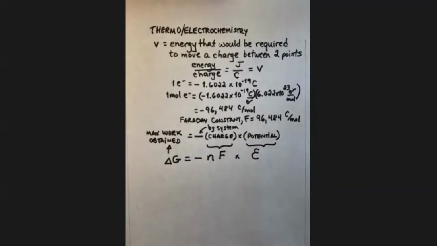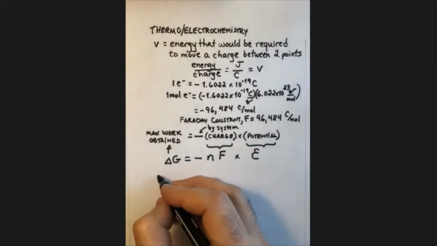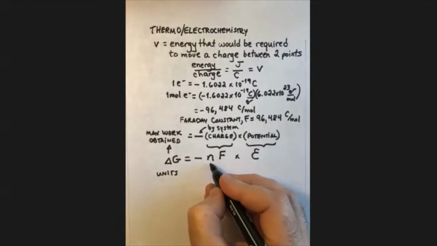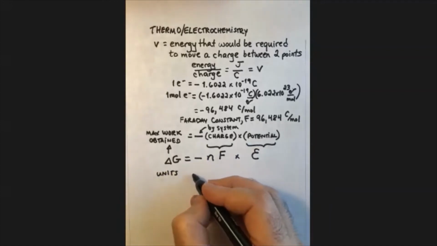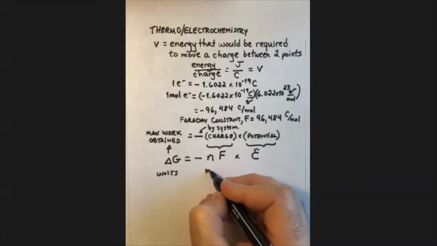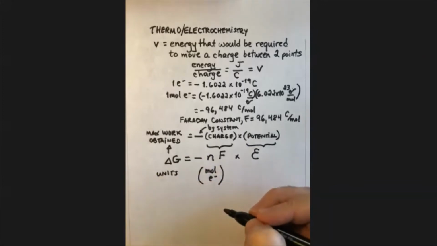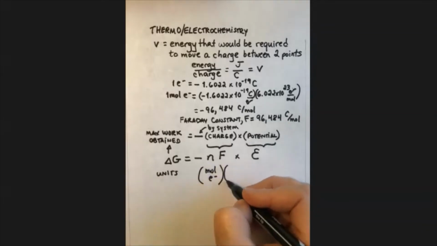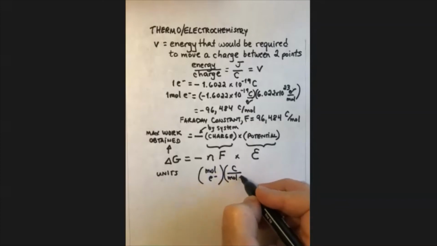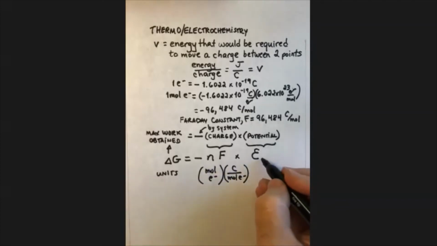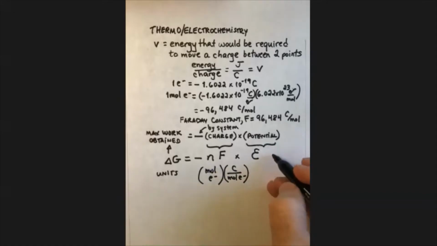So let's make sure that the units really add up here, okay? Let's look at the units. n would be the moles of electrons, right? Faraday would be the coulombs per mole of electrons. And the potential would be in volts.